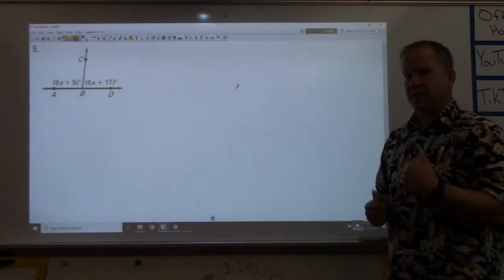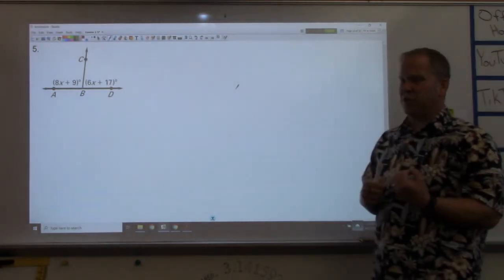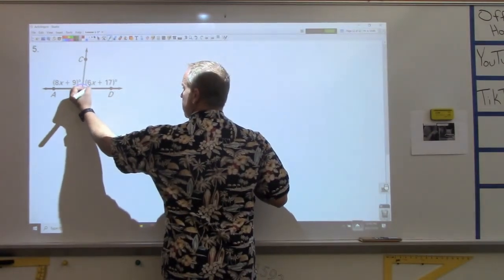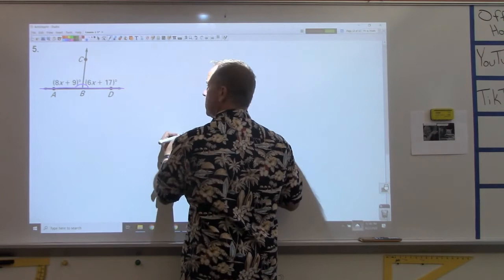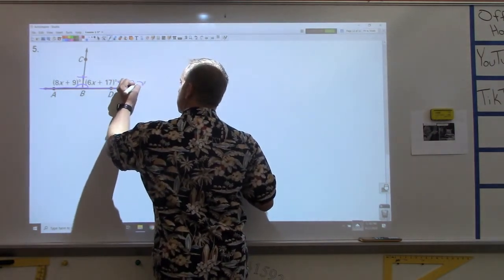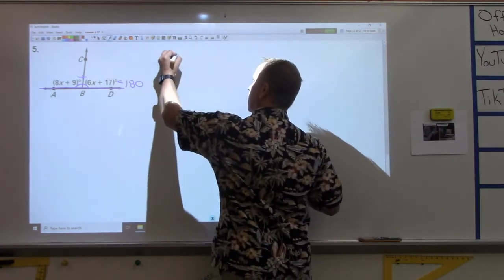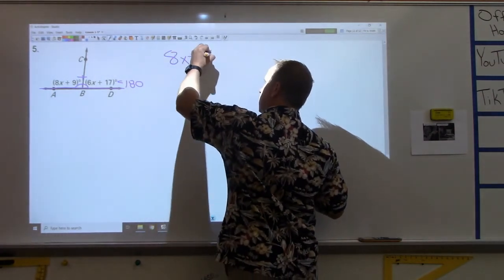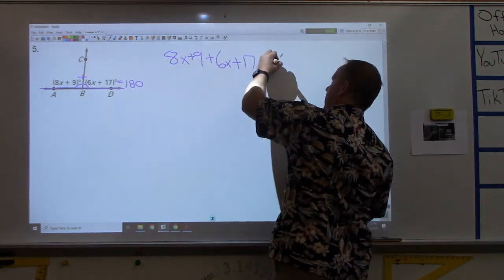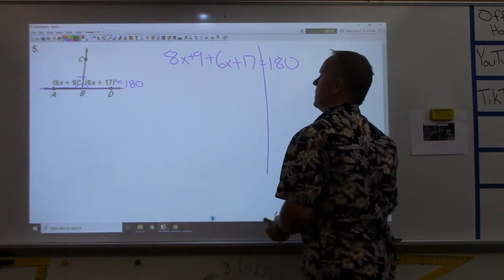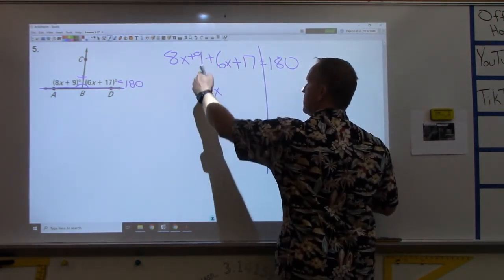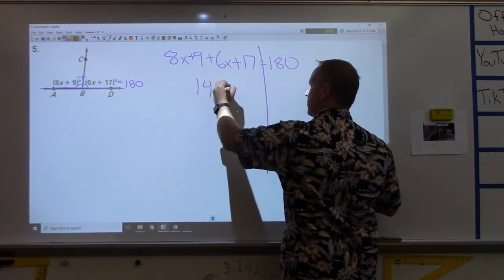Number 5. Now 5 is actually easier than 4, so this probably should have came first. Because I got this angle here and this angle here, which are a linear pair, which means I should add them and get 180. 8x plus 9 plus 6x plus 17 equals 180. 8x plus 6x. 9 plus 17.